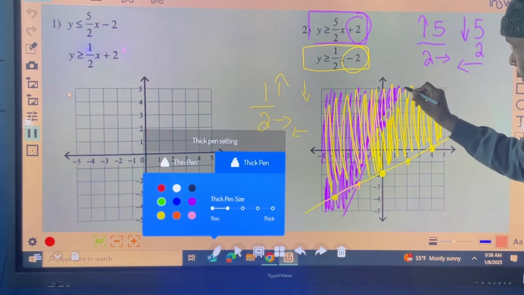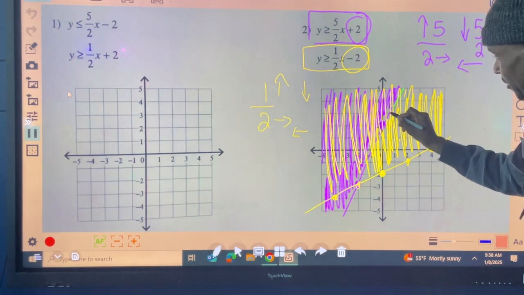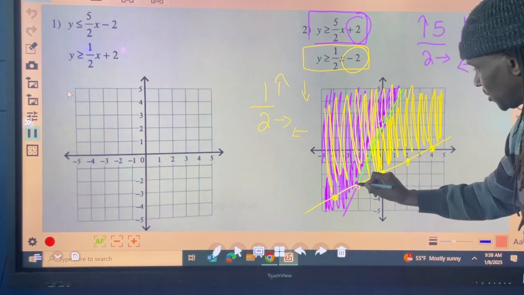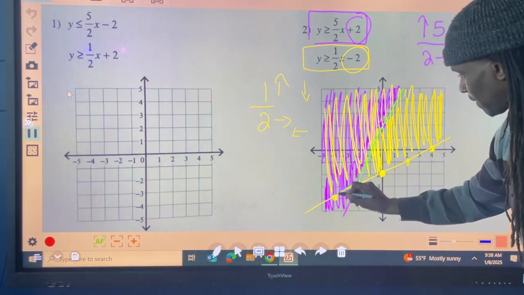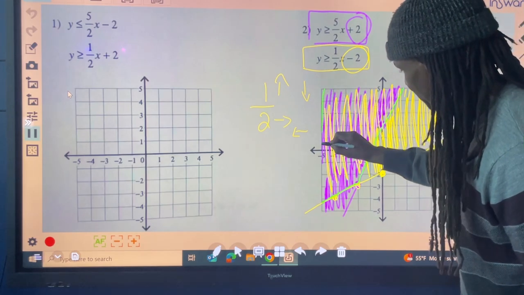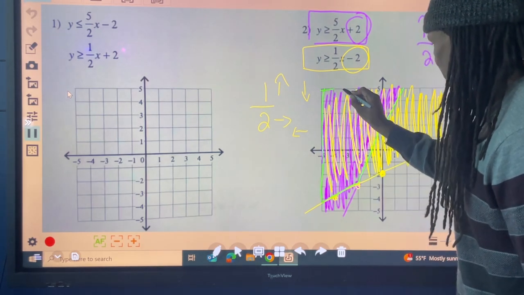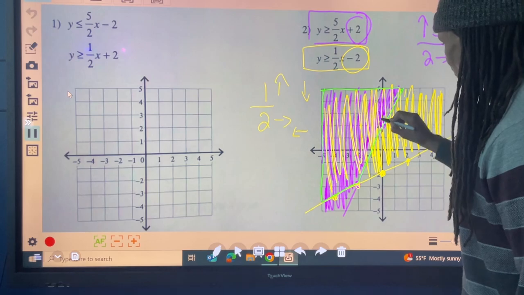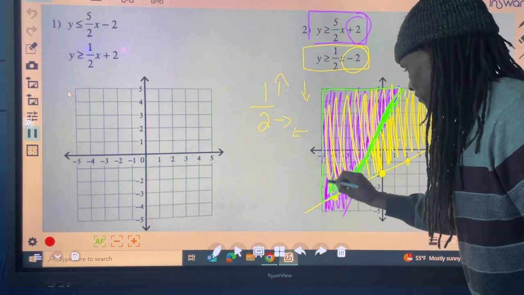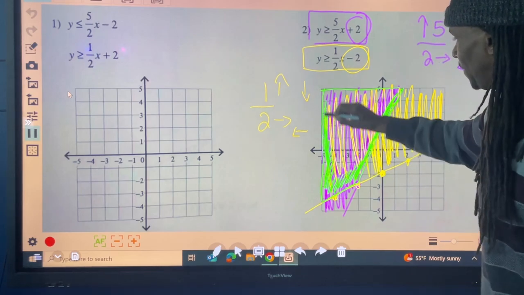Well, we know our purple line cuts here, goes to our yellow line, which cuts there. And we are all right here. All of these numbers in this area here. This is our answer. Right here in the green, because this satisfies both.